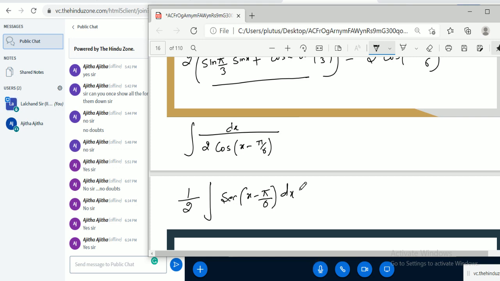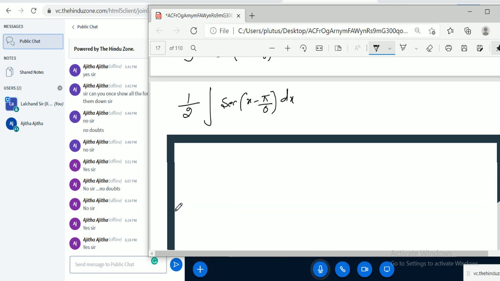So now tell me, what is the integral of sec x? The integral of sec x, basically we have two formulas. For the integral of sec x into dx, the first formula is log of sec x plus tan x.